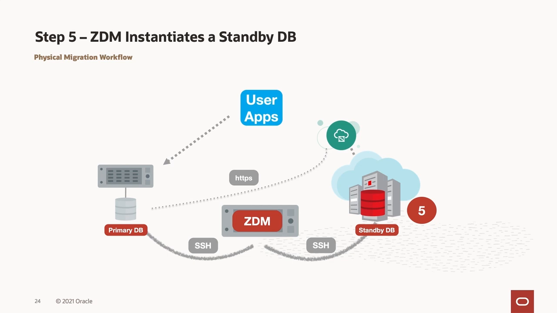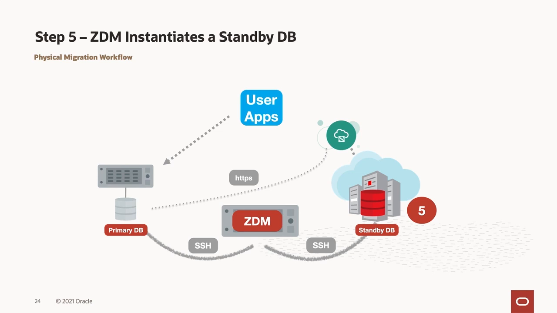In the next step, Zero Downtime Migration will use the backup files that were transferred from the primary database to the backup location and leverage those files to instantiate a standby database in the cloud. So now you have a standby database in the cloud, and that's great. But remember that database is still not yet synced up with the primary database, because the database was instantiated using backup files, and whatever happened after the backup file creation and transfer to the object storage or backup location is not recorded there, right?